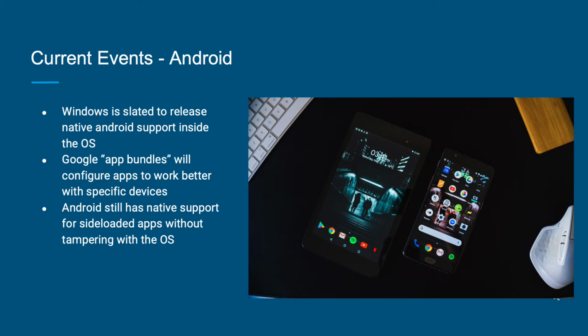Some examples being ARM-v7, ARM-v8, x86, and x86-64. From an optimization perspective, this is great news for developers building sideloaded apps. By switching to app bundles, which is Google's proprietary distribution format, Google is taking more control over the Android market.